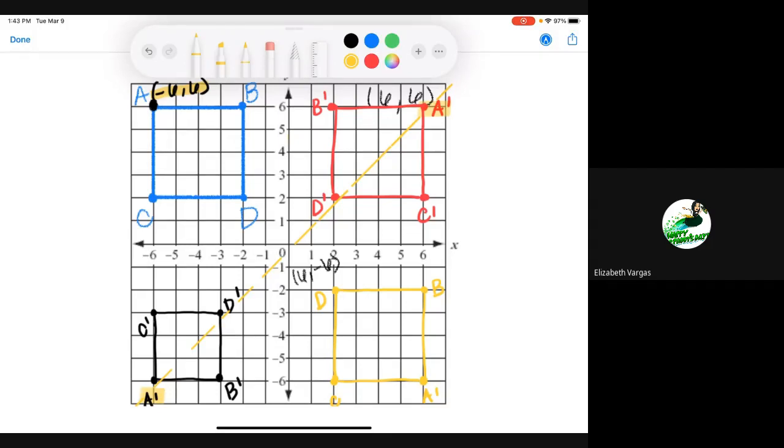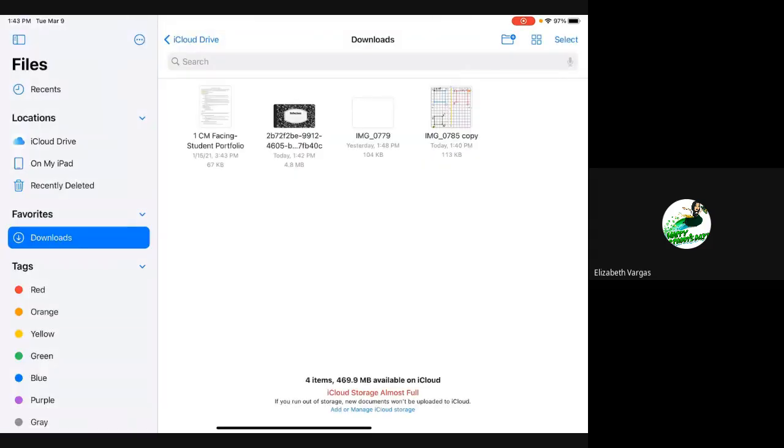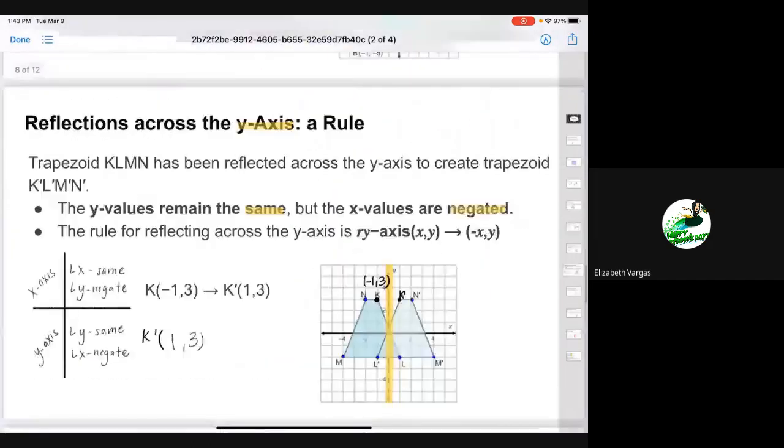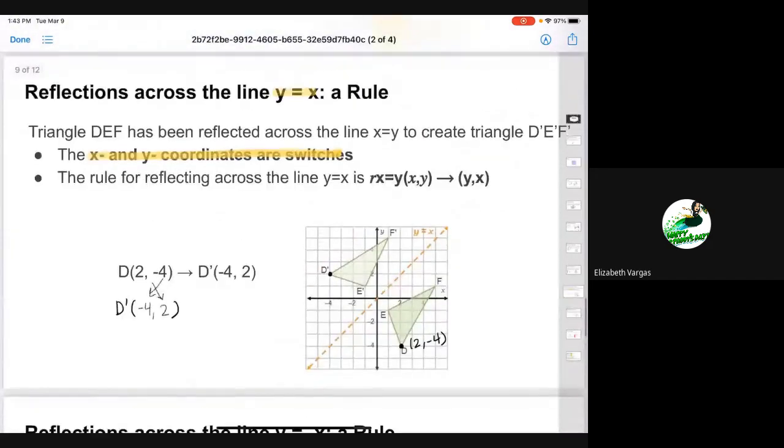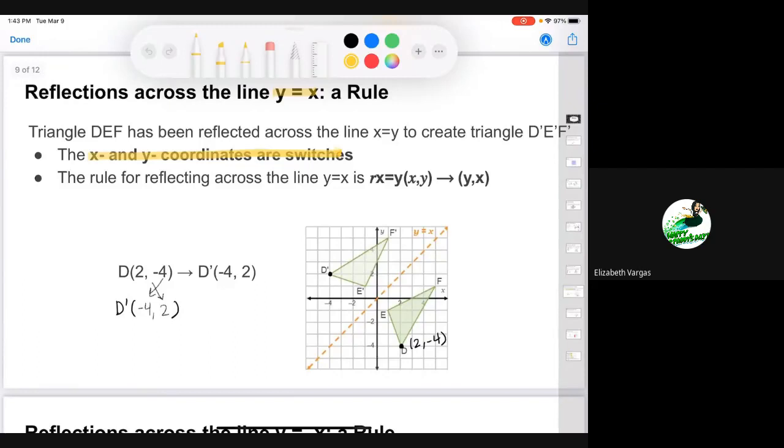So I need to know those mapping rules in order to be able to map my squares, or any of my figures, where they need to be after a specific type of reflection. Okay, so the rule for this one is a reflection across y equals x means that we switch the x and y coordinates.